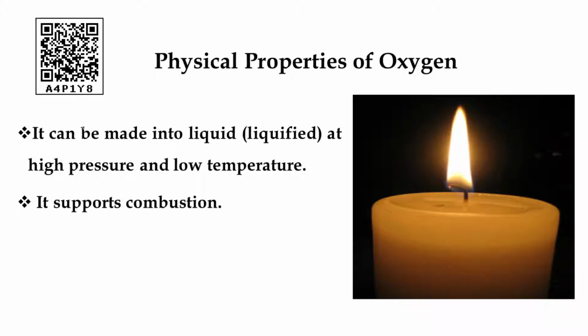One of the important physical properties is the liquefaction of oxygen. Oxygen in the gaseous phase is carried through the condensation process to convert it into liquid oxygen molecules, because liquid oxygen is used as a fuel for rockets or in aerospace. That's why we want to condense oxygen.